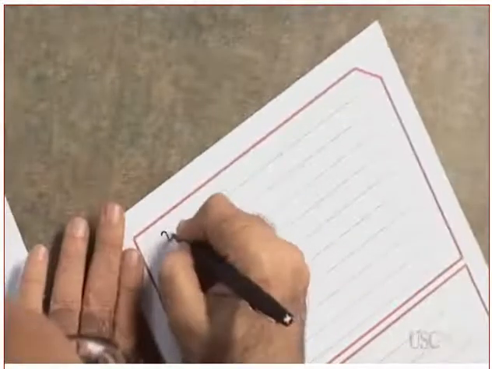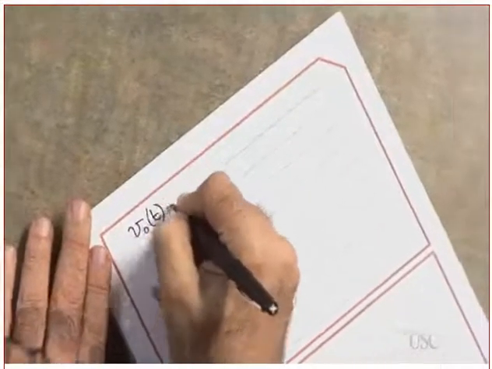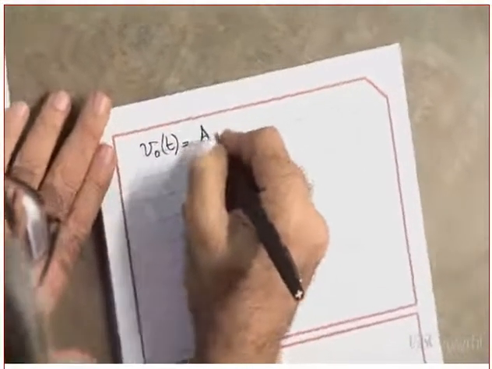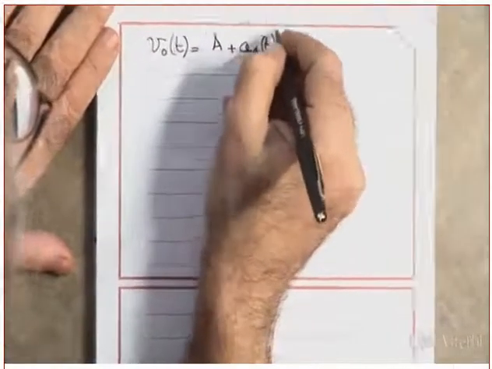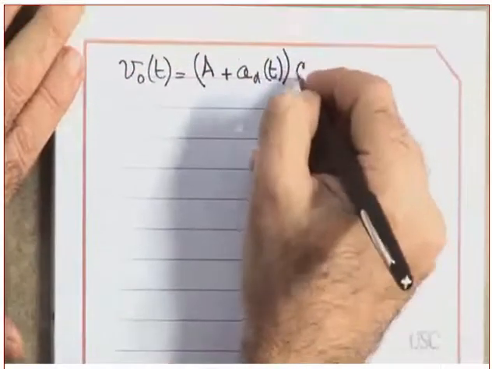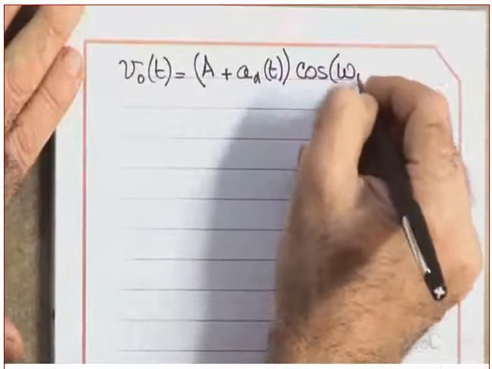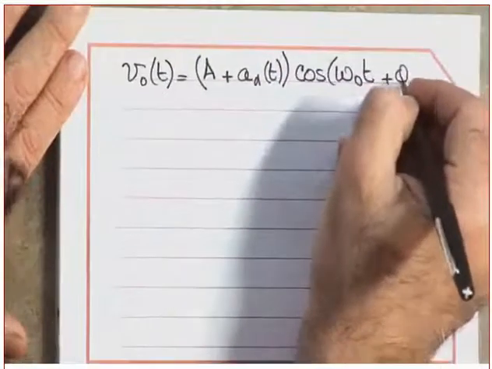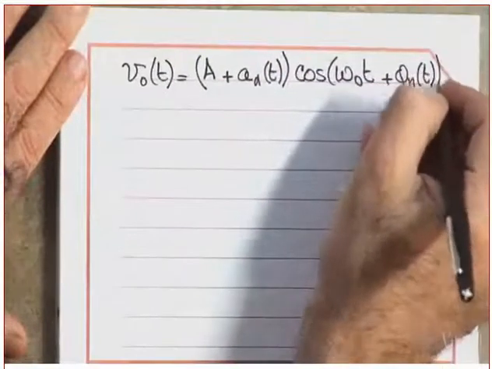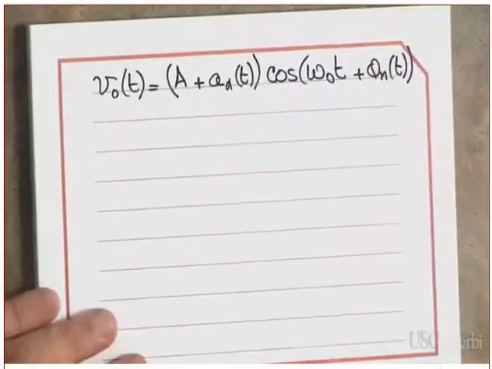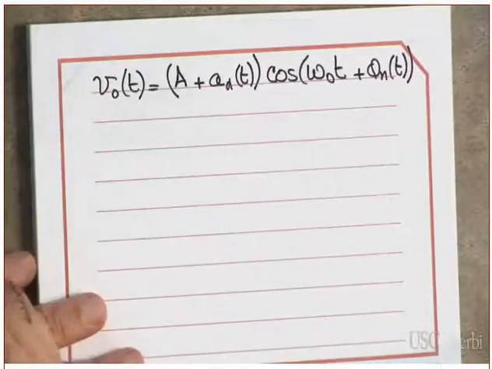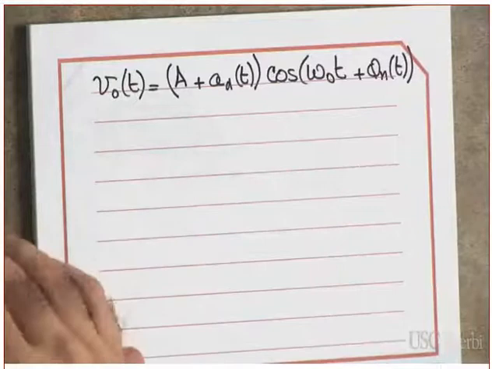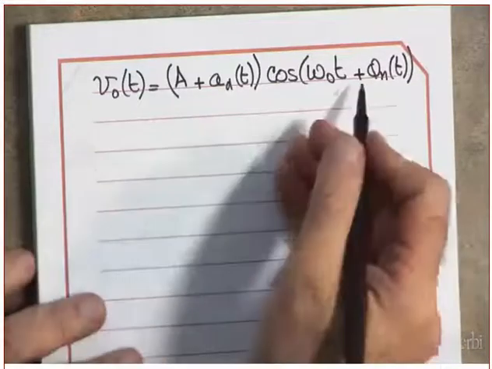Let me show it to you. What do I have? V naught of T equal to what? A plus A n of T, cosine omega naught T plus phi n of T. Can you write this in terms of the cosine and sine? So what do you have here?